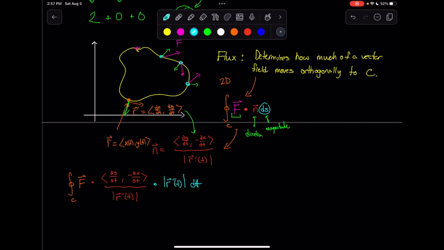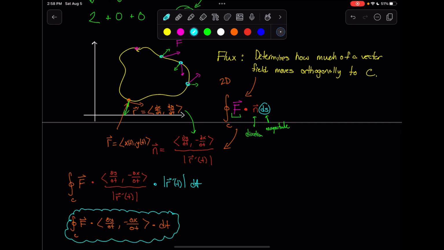And so it turns out that to calculate 2D flux, it's actually nice and simple. Things do cancel, and we get F dot dy/dt, comma, negative dx/dt, times dt, and we can use this formula to do it. So this is one way to do it.